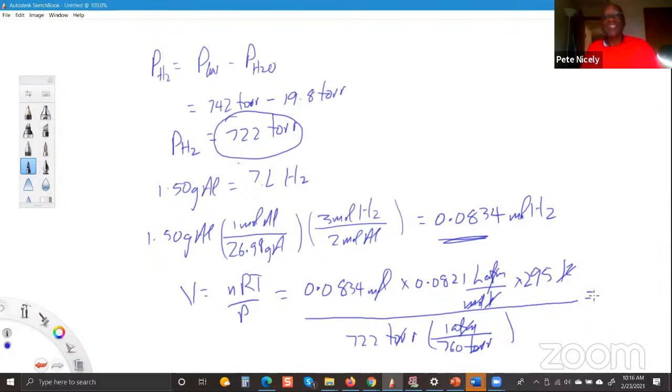So according to my calculations, rounded off to 3 sig figs, the answer here would be equal to 2.15, and the units would be liters. And that's how that example would be done, all right?